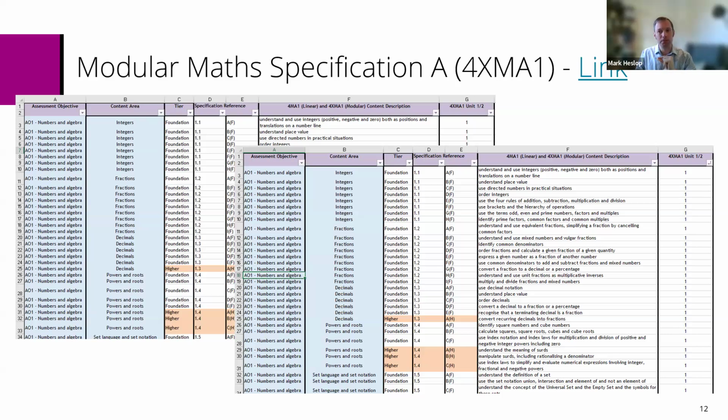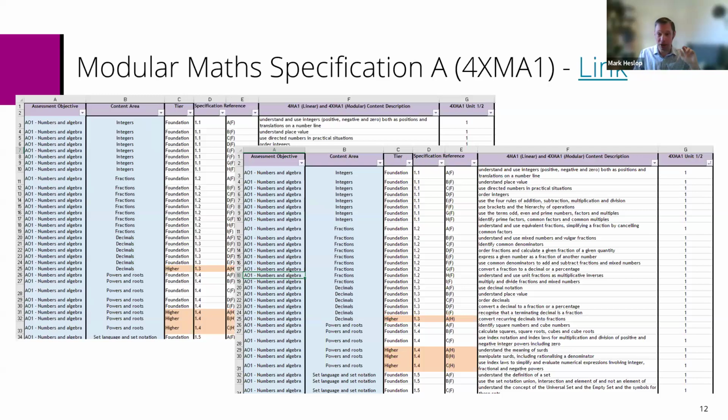That felt important because I know a lot of your schemes of work include specification references. If you're adjusting a current scheme of work, we didn't want you to have to map out what is the linear specification reference and what is the modular one. We kept them the same, so you can go, okay, that's Unit 1, that's Unit 2.